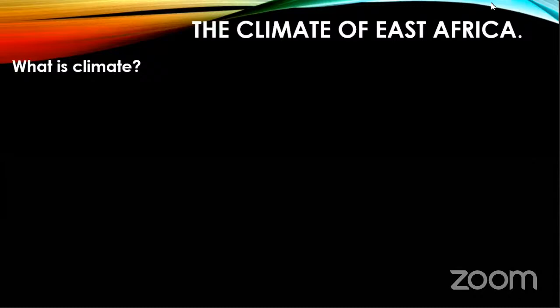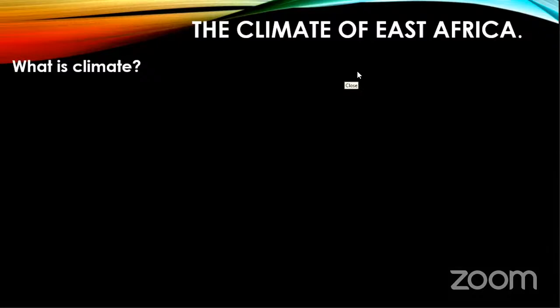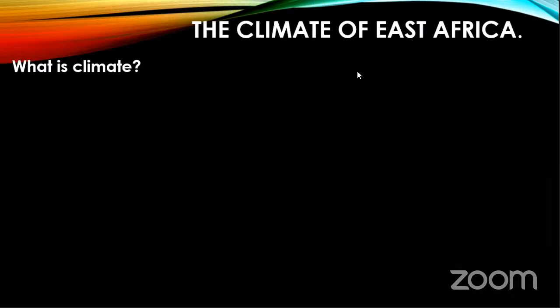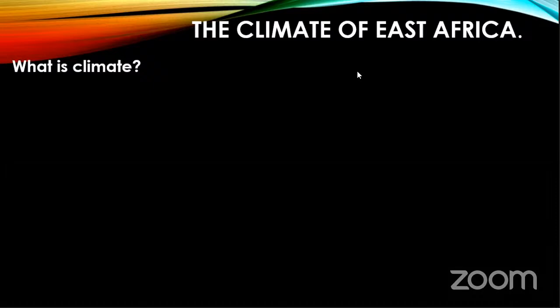So from all your definitions, we can agree that there are those words that are common in everyone's definition. At least I can see weather condition, I can see recorded, I can see long period of time. Those are the three major words that we use to measure a definition of climate.